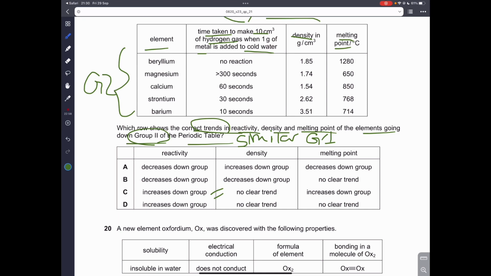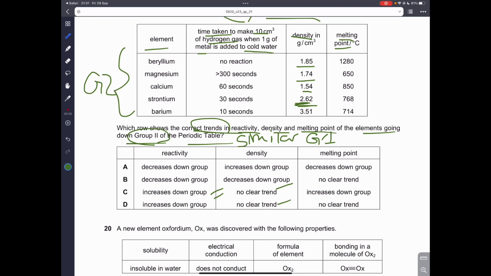However, you can see that there is no clear trend because there is 185 at the top, and then the next one is 174, which is a decrease, and then it is decreasing. However, when you get to strontium, the density increases again. So this means there is no clear trend in density, so we cannot say any trend.